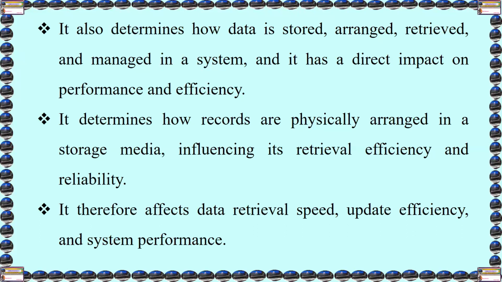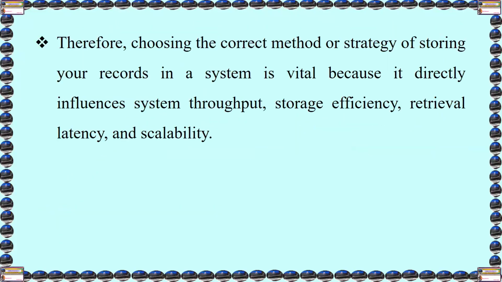It is therefore key because it affects how data is retrieved, the speed with which the data is retrieved, update efficiency, and system performance. Therefore, choosing the correct method or strategy of storing your records in a system is vital because it directly influences system throughput, storage efficiency, retrieval latency, and scalability.